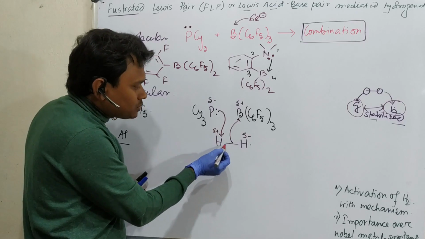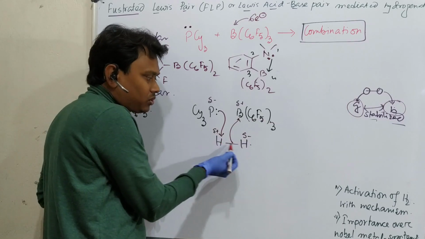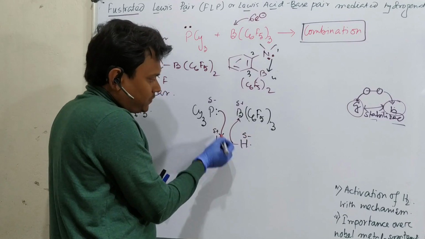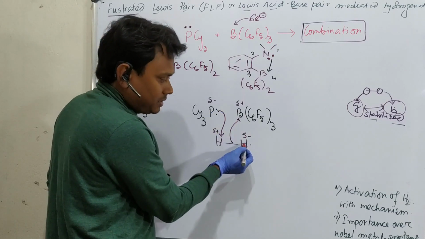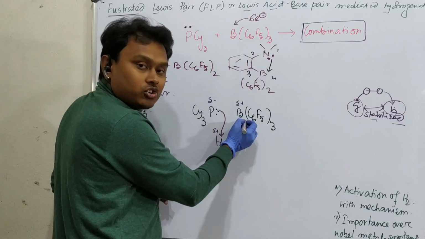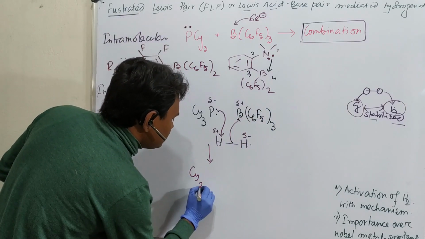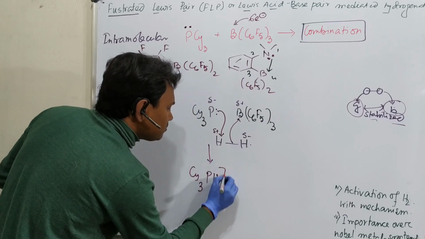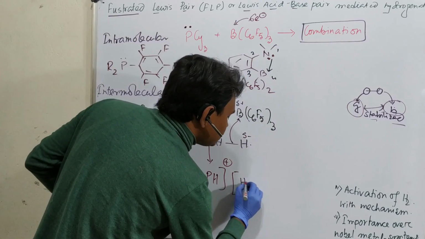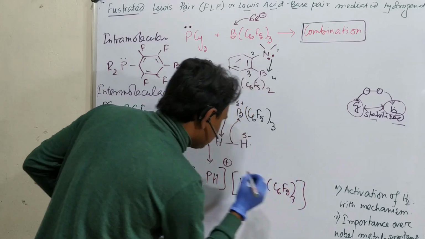And what is this third one doing? This third one is acting as a source of proton, and as a source of hydride. This part is electron rich, this part is electron deficient. It is deficient, that's why it can stabilize this electron rich part. It is electron rich, meaning hydride, that's why it can compensate the electron hunger of this boron. So what happens? CY3PH plus and HB(C6F5)3 minus.